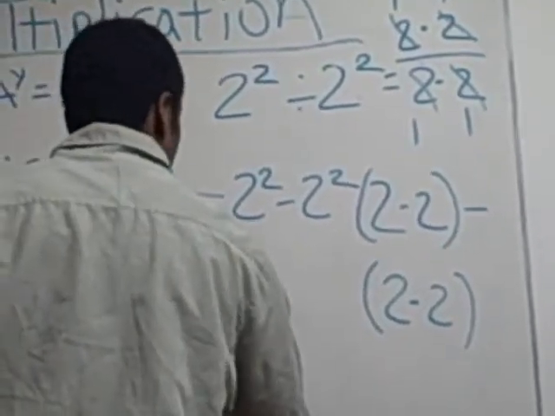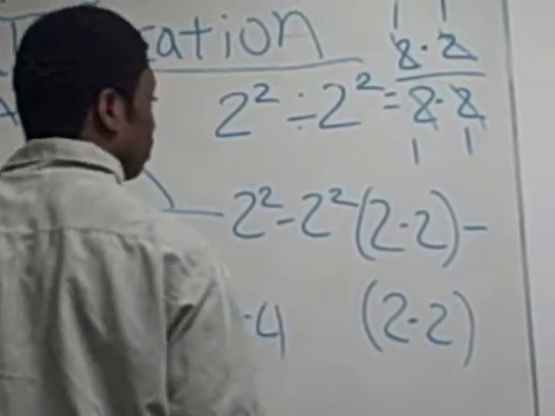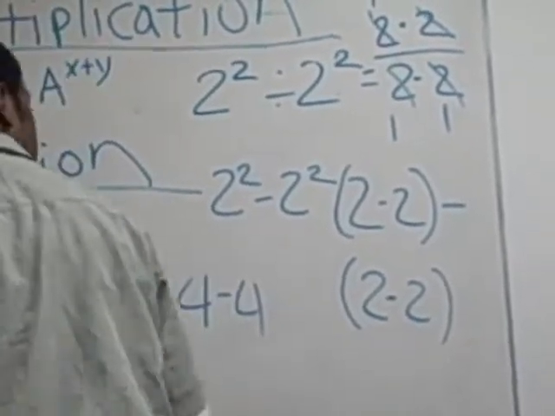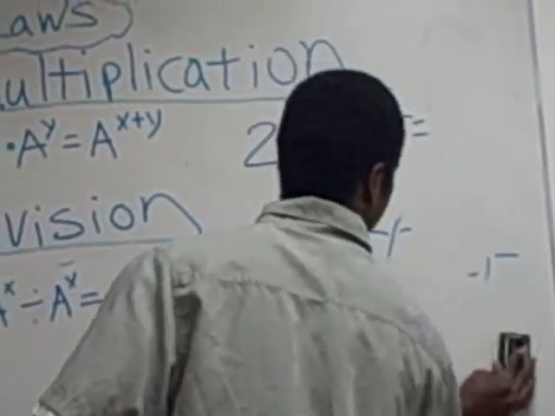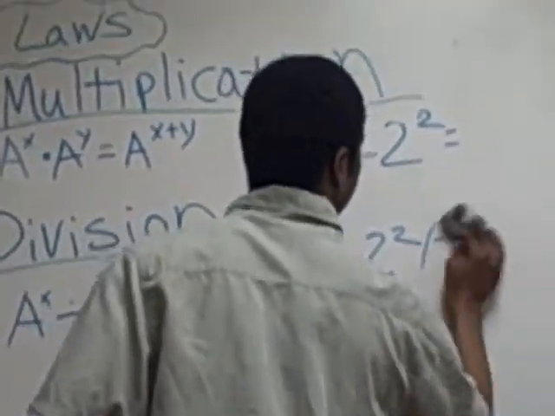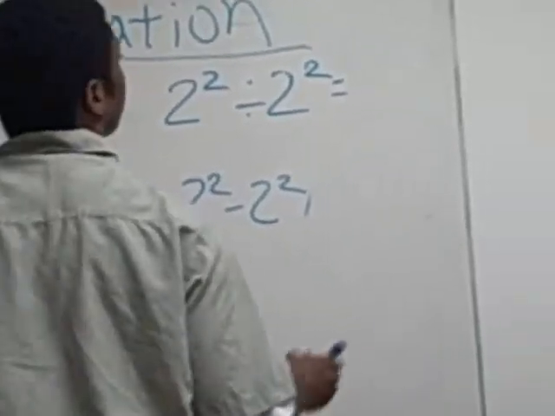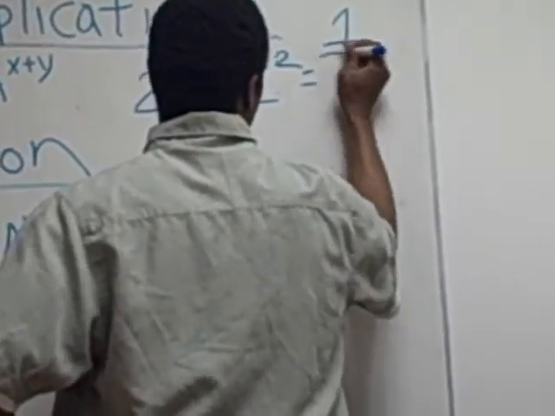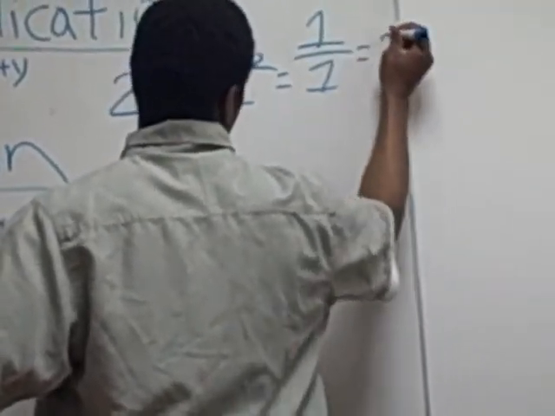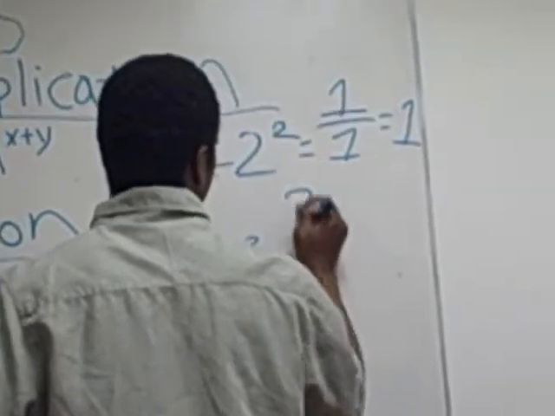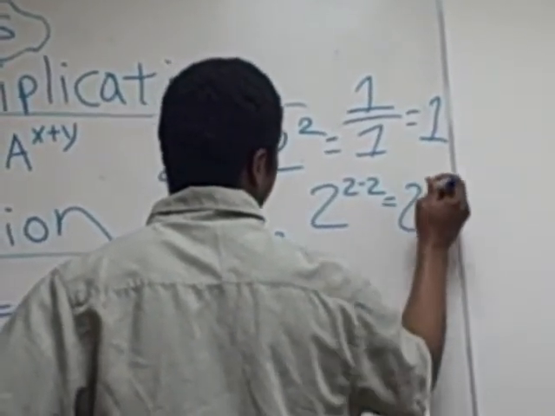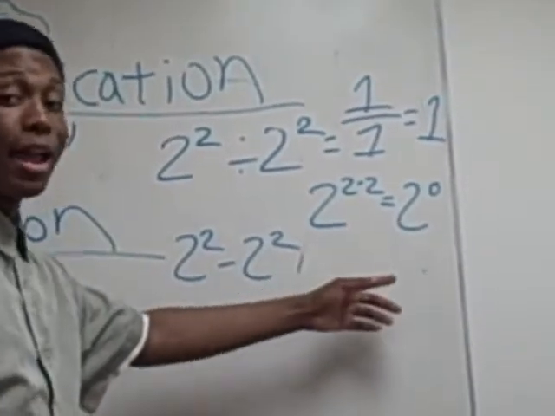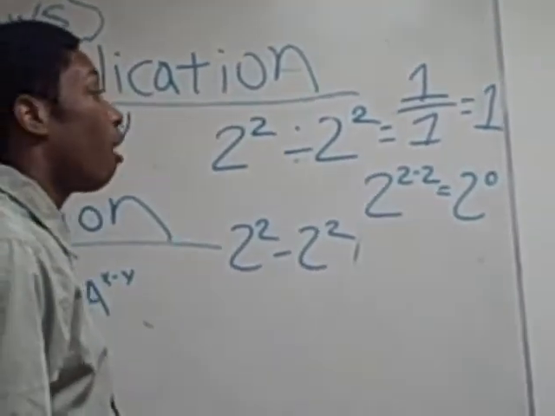So 4 minus 4. Right? So let's erase this and simplify it further. 1 over 1 equals 1. It also equals 2 to the power of 2 minus 2, which then equals 2 to the power of 0. That's why 2 to the power of 0 always equals 1.